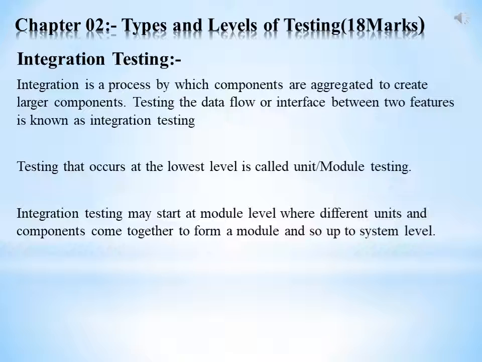If the code is built and tested in pieces, it will work properly and gradually. When you put units together into groups, link them, and test the whole group, and it doesn't work, then what will happen? Integration testing is the process by which components are aggregated to create larger components.